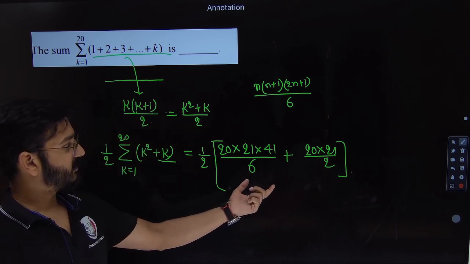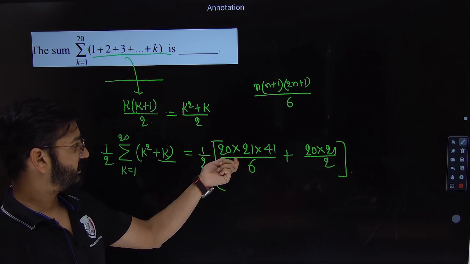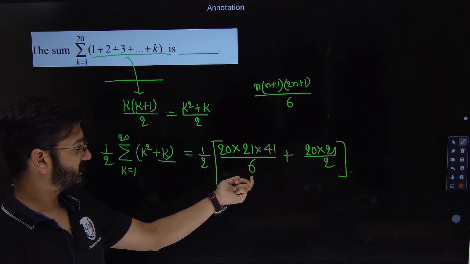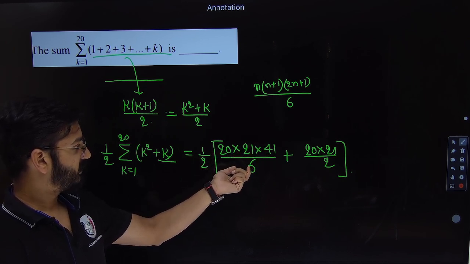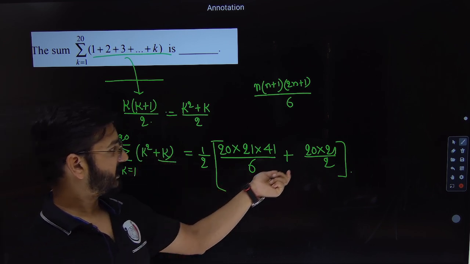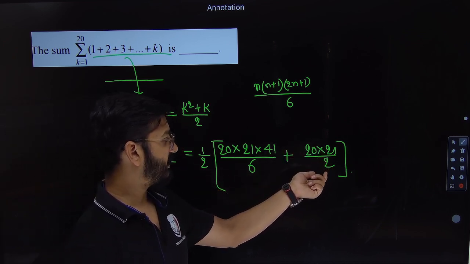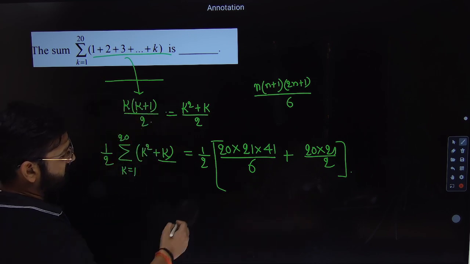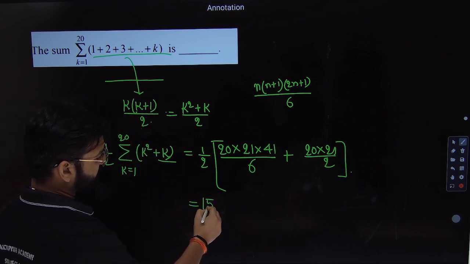In writing this, I directly wrote, I didn't write the formula. So n into n plus 1 into 2n plus 1 by 6 is the sum of squares of natural numbers, and the sum of natural numbers is n into n plus 1 by 2, where n is 20. To solve it, it should come as 1540.